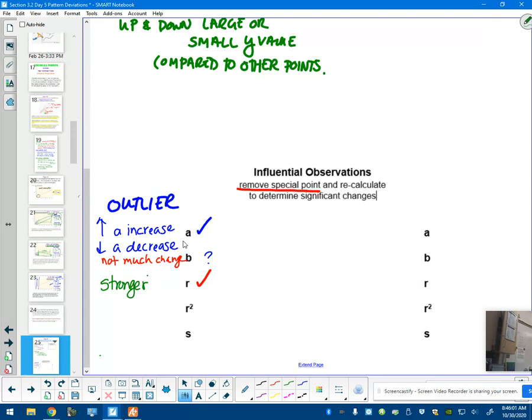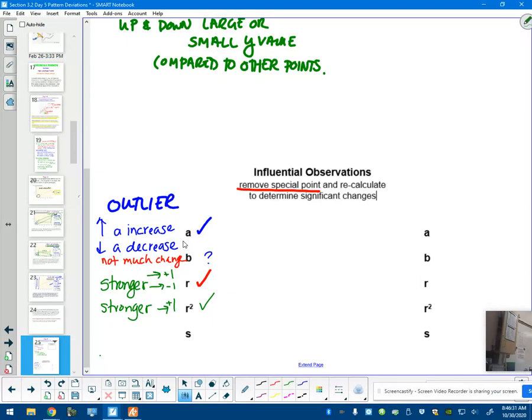So it's either going to move towards positive 1 or towards negative 1. Now, R squared, since we're squaring it, is always going to increase and get closer to positive 1, because that's what makes it stronger, since it has no plus or minus sign, really. It's always positive. It's going to get stronger, and it will always move towards positive 1.